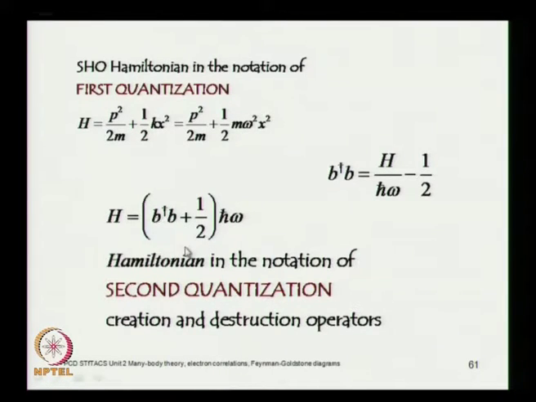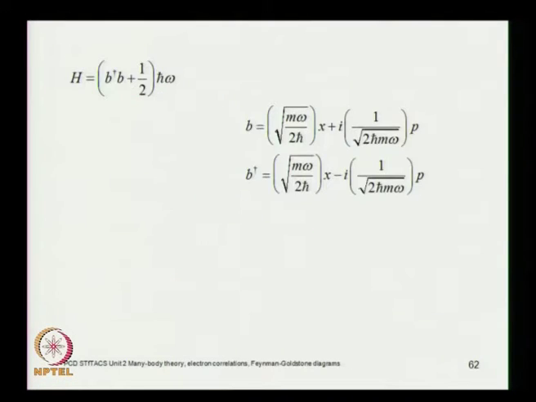You know that this half h cross omega will be the zero point energy, which is a well known result for the simple harmonic oscillator, and typically the energy will be n plus half h cross omega. So, that will identify the operator b dagger b with the number operator. Okay. So, this is the Hamiltonian for the simple harmonic oscillator in the notation of second quantization, destruction and creation operators. Now, these are the main results that we have got.